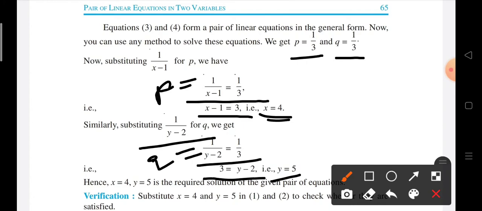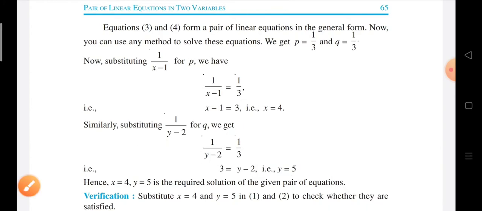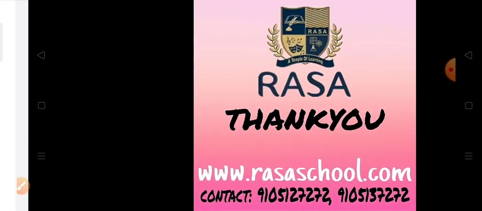Now if we check them, we see that these satisfy both the equations given at the start of the question. So they are the correct solution of this pair of equations which are reducible to linear equations. Okay, thank you.